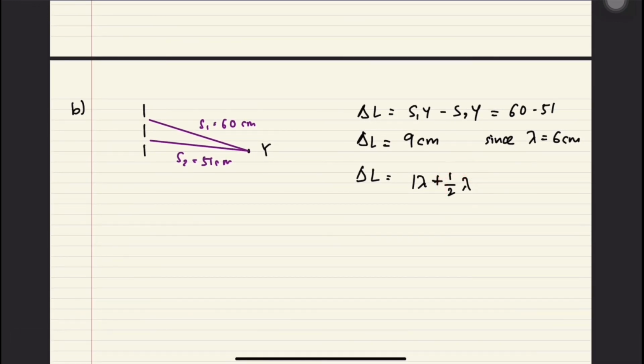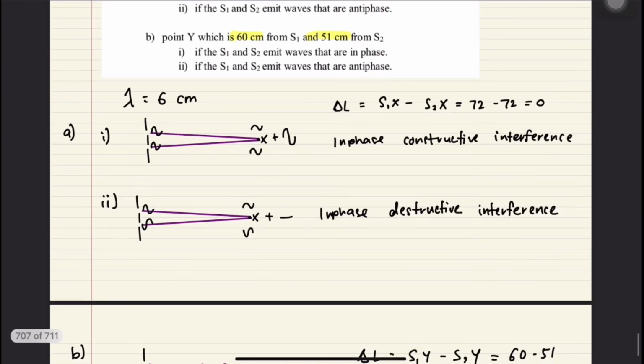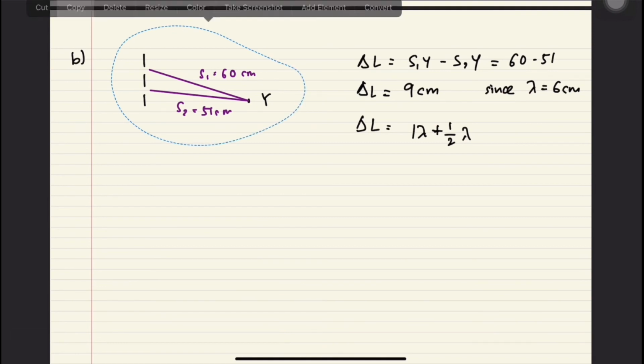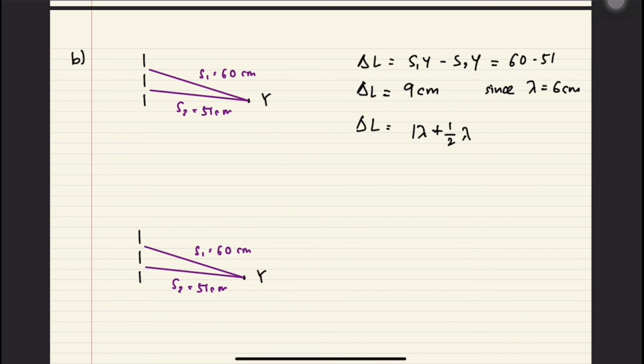If you have half lambda, and initially it's in phase, you still have in phase and antiphase cases. I just copy this one first. For question B1, it says that it's in phase, so initially they are both in phase, left foot.